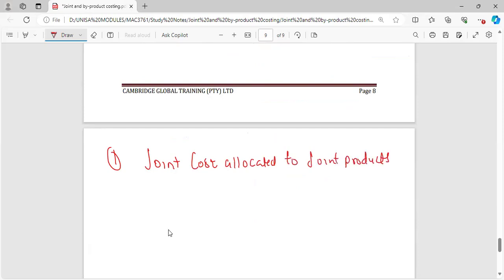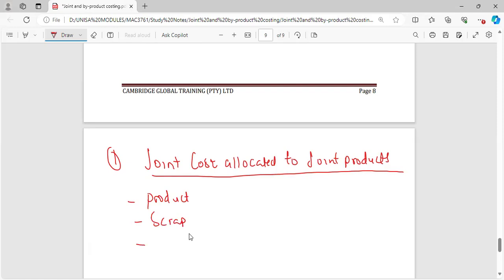In your joint cost, you will be provided with the cost of the process, which means once you have the cost of the process, you need now to determine if there is a byproduct, how to treat a byproduct, how to treat scrap, and how to treat the waste.